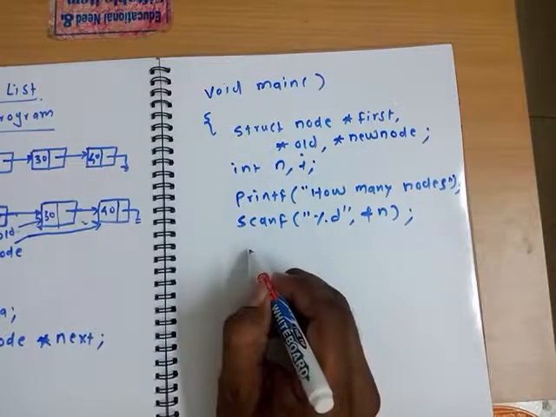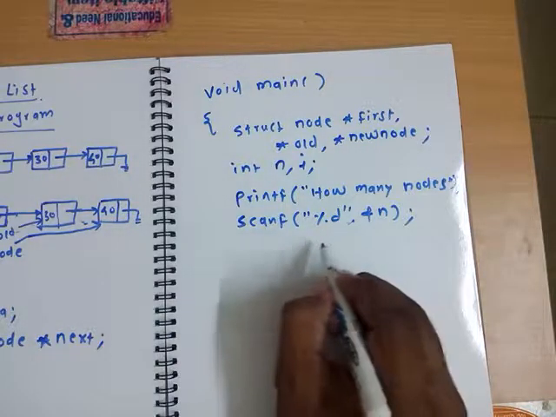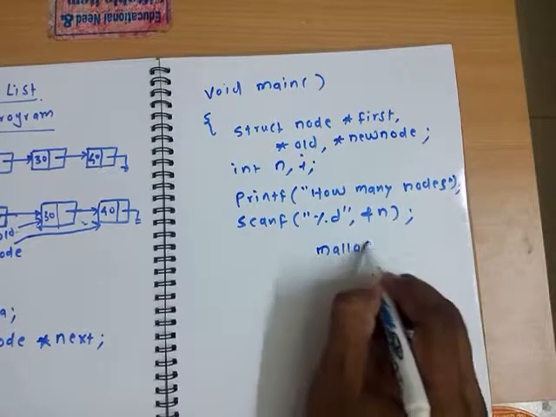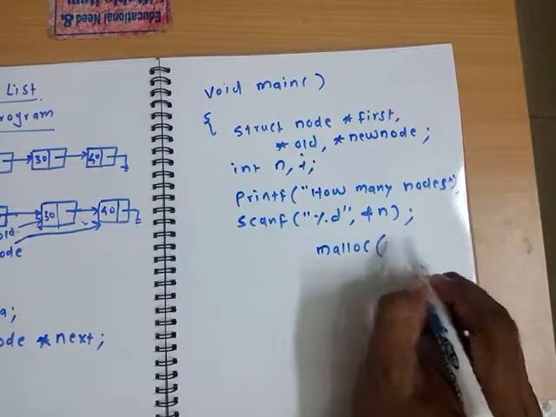So to create the first node, I have to demand memory dynamically, right? To demand memory dynamically, I'll use the library function malloc. So I'll ask malloc to allocate me memory of the size of this structure.